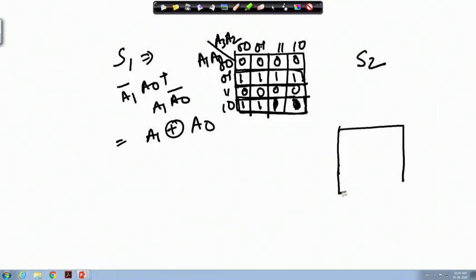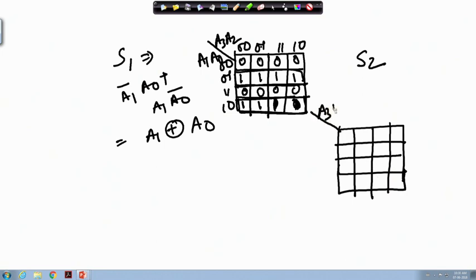Now again I have to find out the expression for S2 also. So, what will it be for S2? If I draw again the Karnaugh map, A3 A2 A1 A0, this is 0 0, 0 1, 1 1, 1 0, and 0 0, 0 1, 1 1, 1 0.